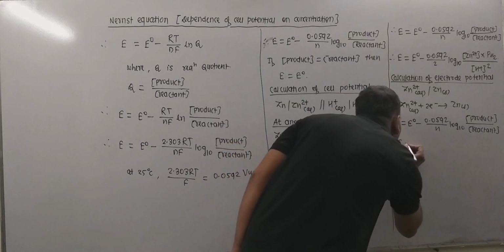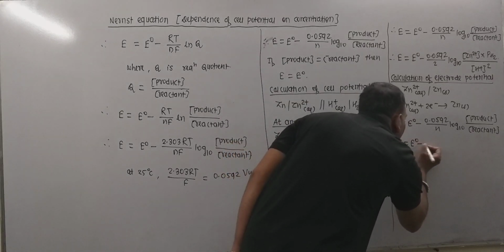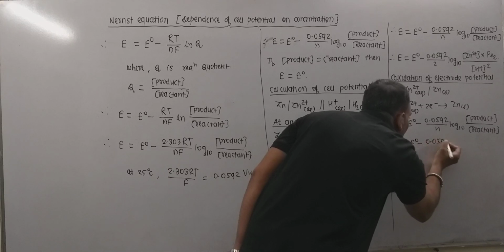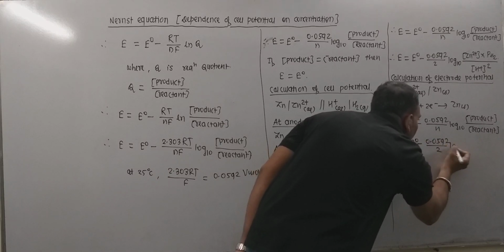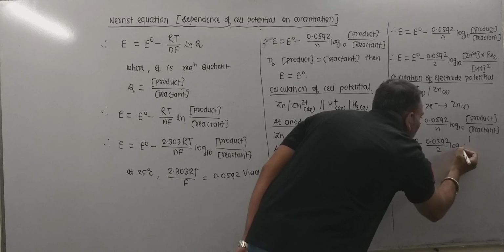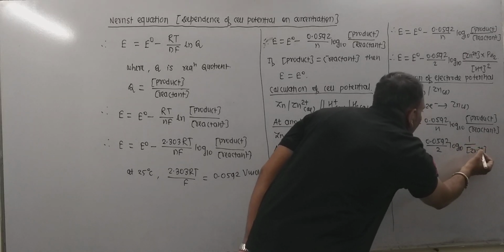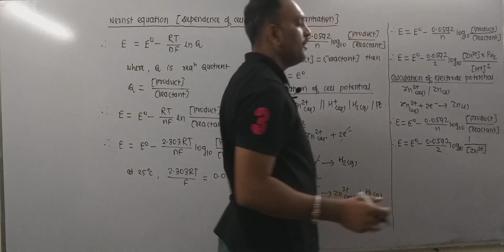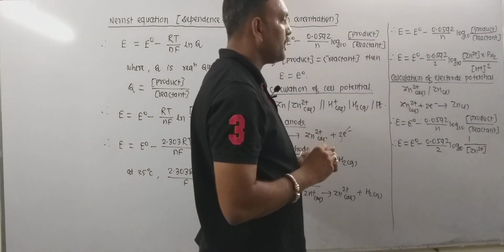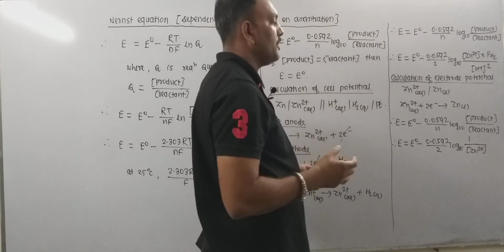Thus this can be given as E is equal to E naught minus 0.0592 upon 2 log base 10 1 upon concentration of Zn2 plus. So in this manner one can calculate the potential of a single electrode also using what?